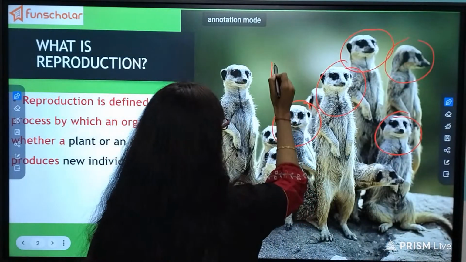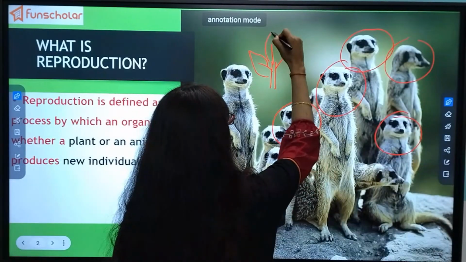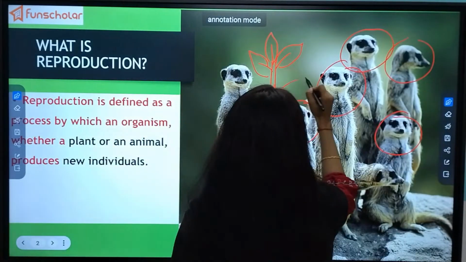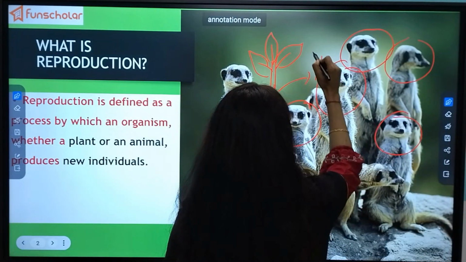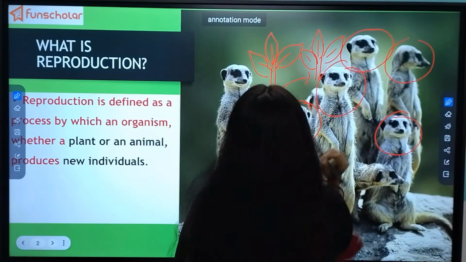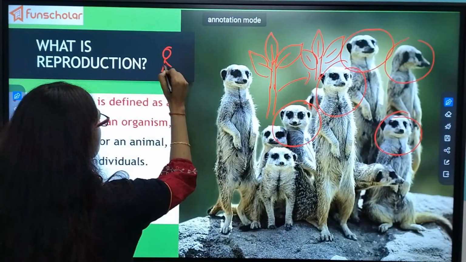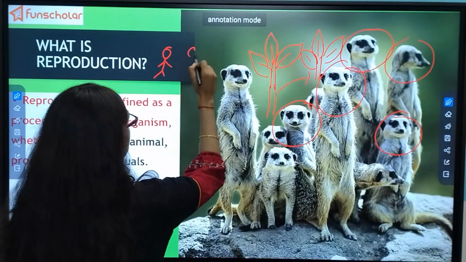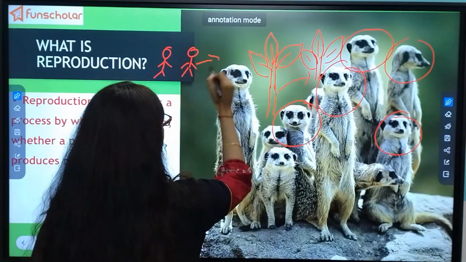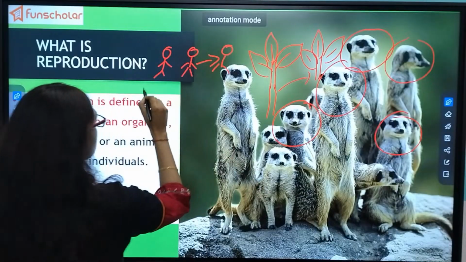In plants also, if suppose this is a plant, this plant also reproduces and forms another new plant. In humans also, suppose this is father, this is mother. If they get married and they reproduce, then a new baby is formed.